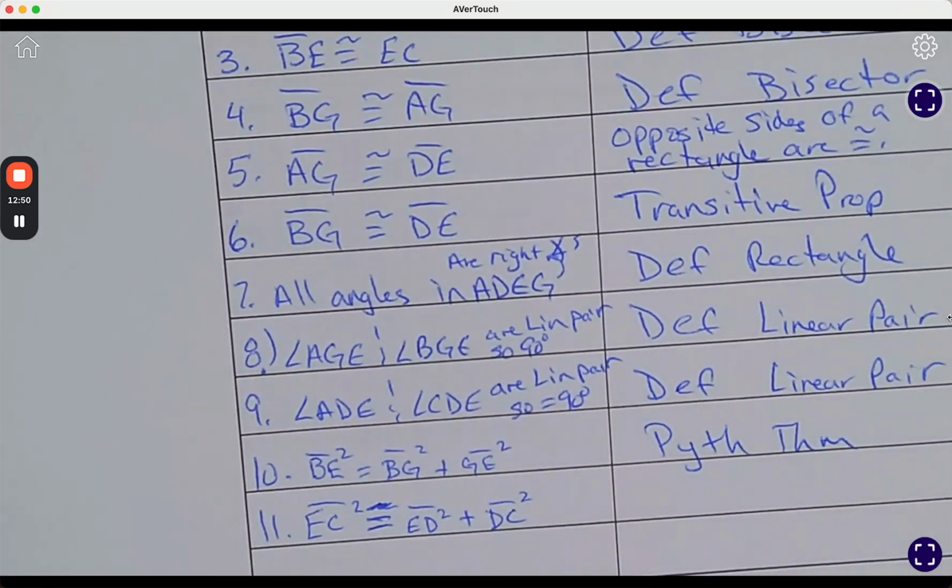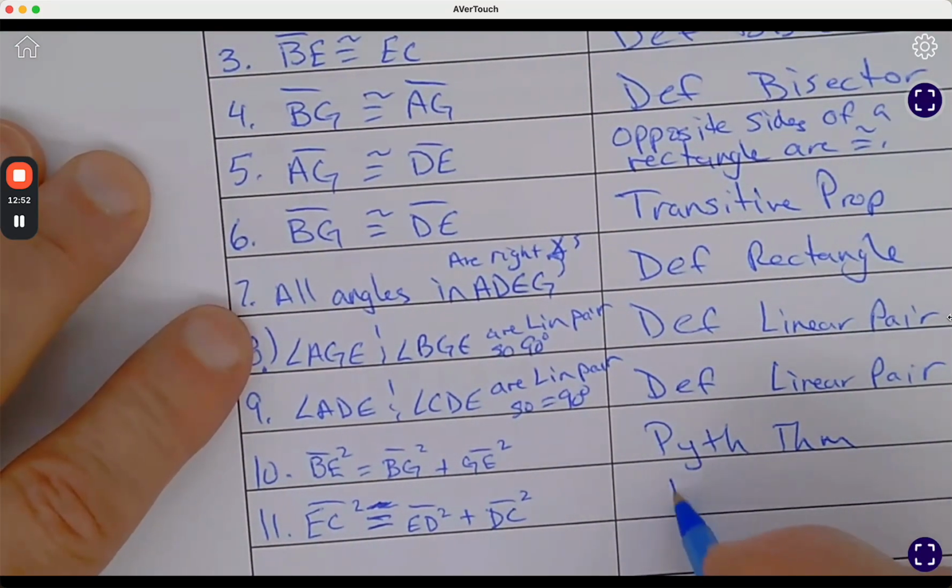Okay, so now I know some things, and that's also by the Pythagorean theorem.